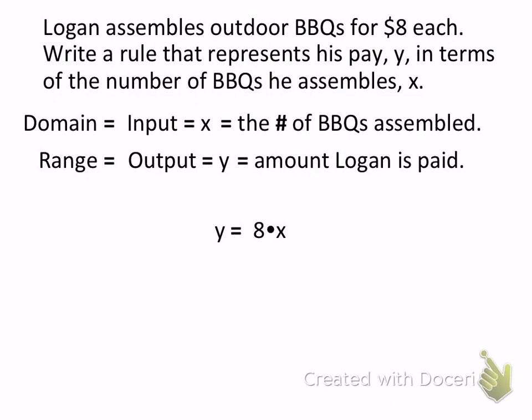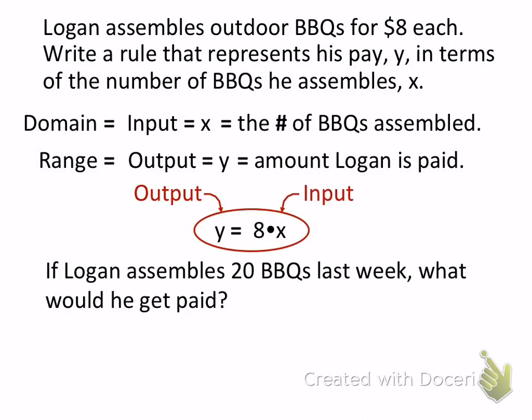I need someone other than this front row and Gabby to answer these questions. Okay, Asia, which one's my input? What variable? X. And which one's my output? Y. So my input is X, my output is the Y. But they never just give you this part. They're going to say, can you use it? If he makes 20 barbecues, how much does he get paid?